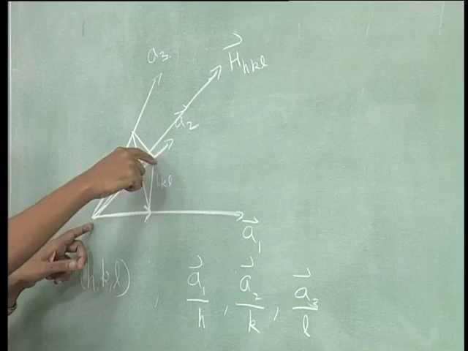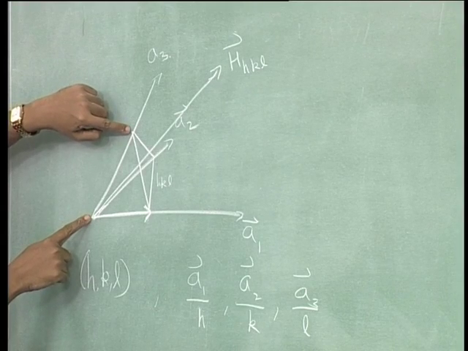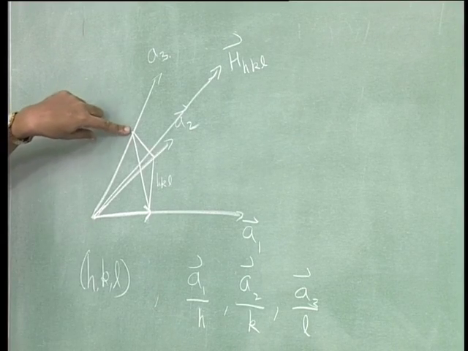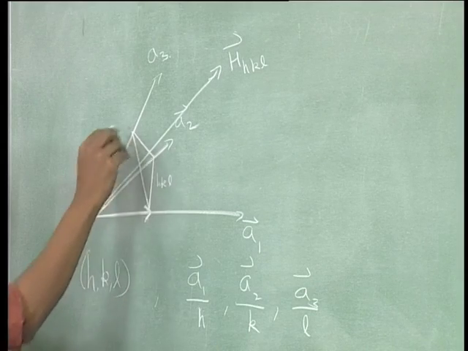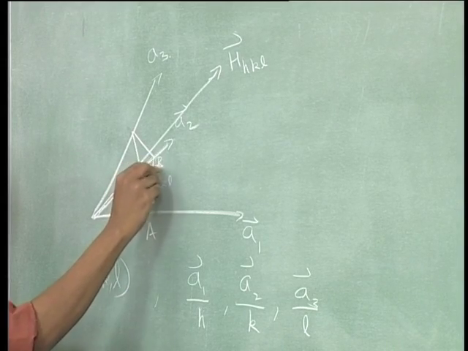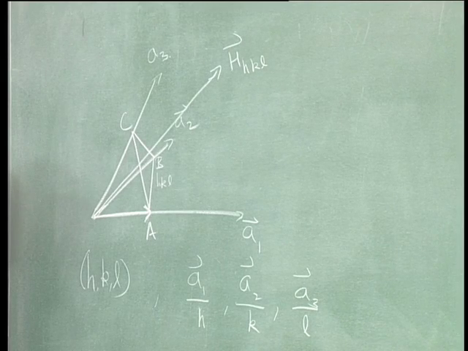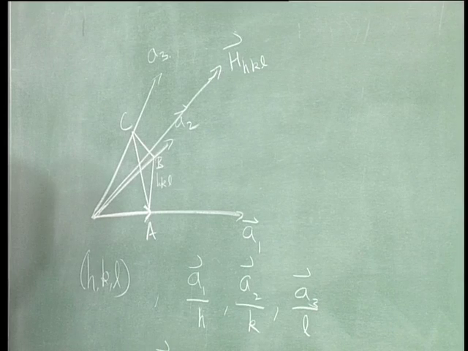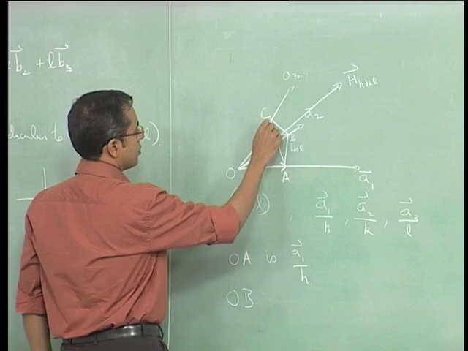Similarly, this vector here will be A2 by K, that is why you will get the K notation. This vector from here to here is A3 by L, that is why you get that L in the HKL. So this is A1 by H. I will also name these locations where this plane intercepts A1, A2 and A3 as A, B and C. So OA is A1 by H, and OB, so this is the origin O, OA, OB and OC.